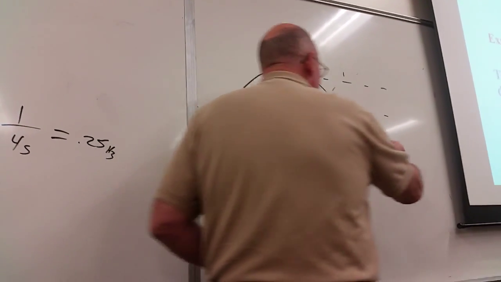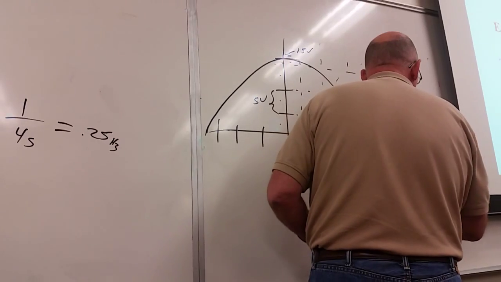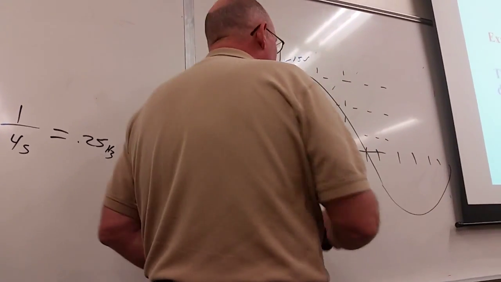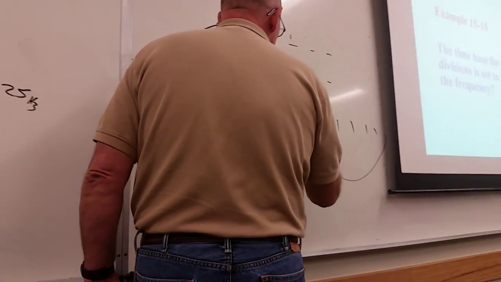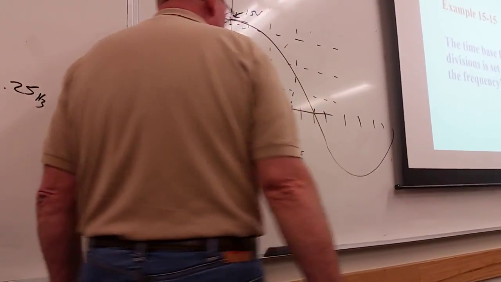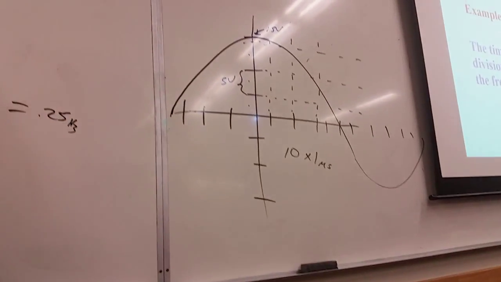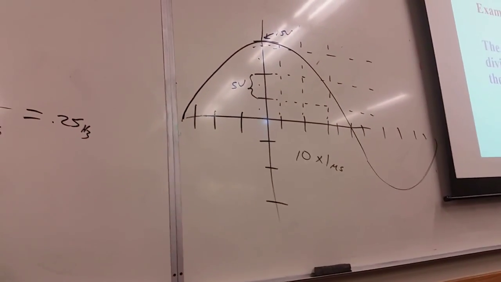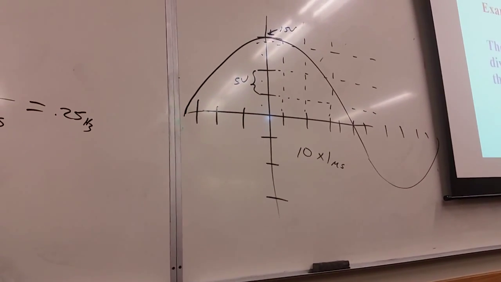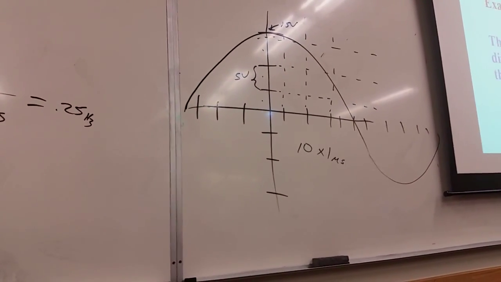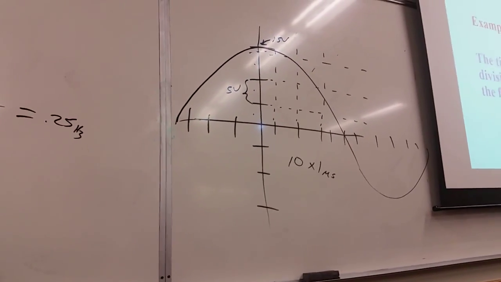And then there'd be 5 more out here when this came up. So it'd have 10 divisions at 1 millisecond per division. So you multiply those together, and what do you get? You're going to get 10 milliseconds, right? It's that simple. Okay, what is the frequency going to be?